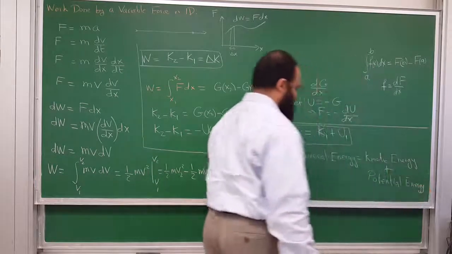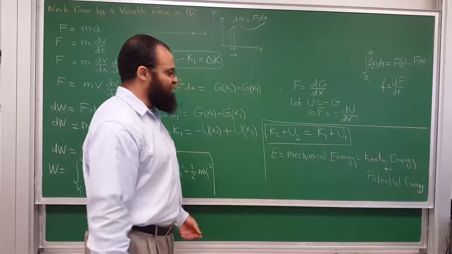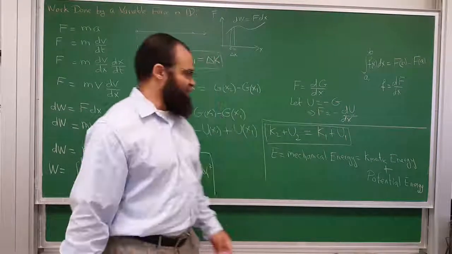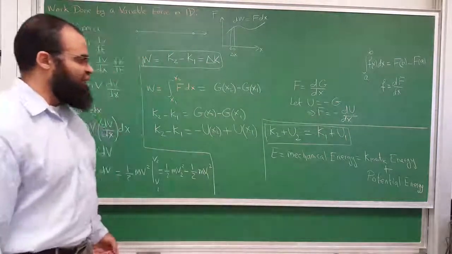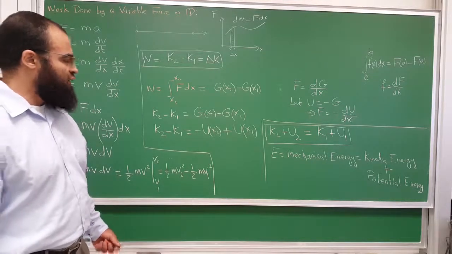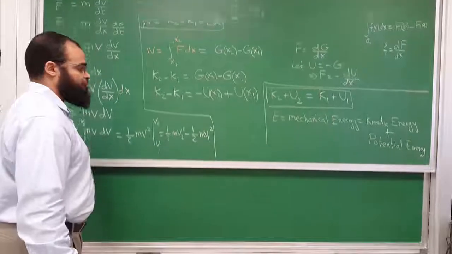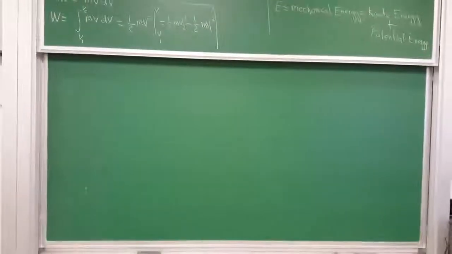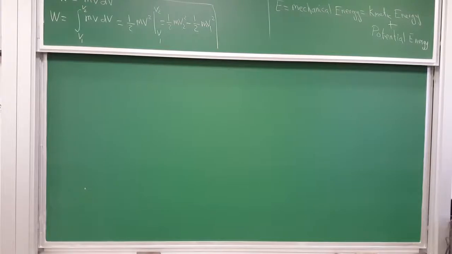So by definition, the force is equal to negative the derivative of the potential energy. All right. Now, let me see how much time I'm into. Yeah, I will come back in the next video and discuss this one a little bit more.